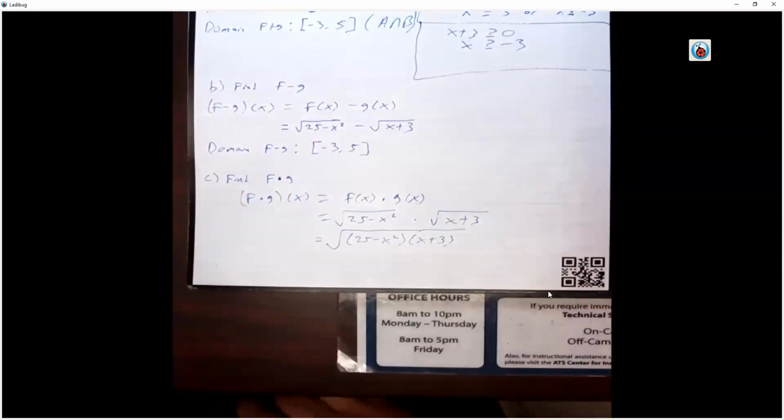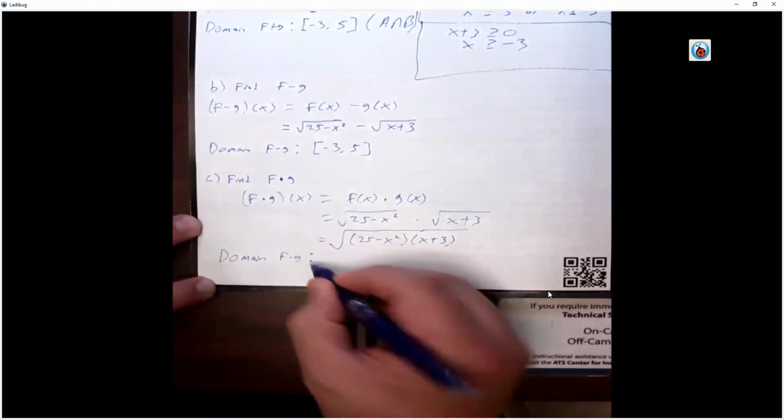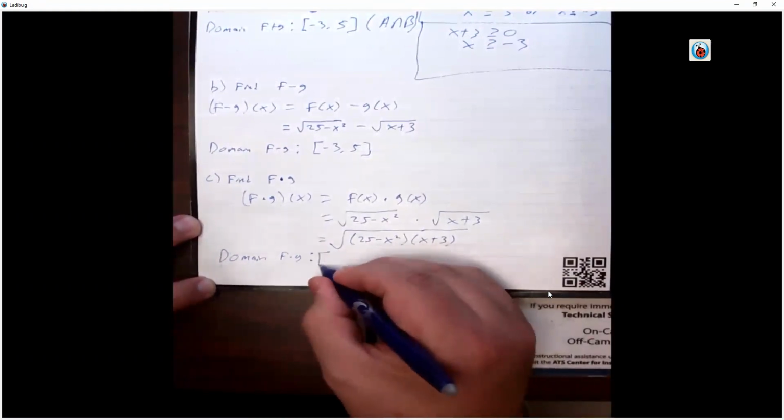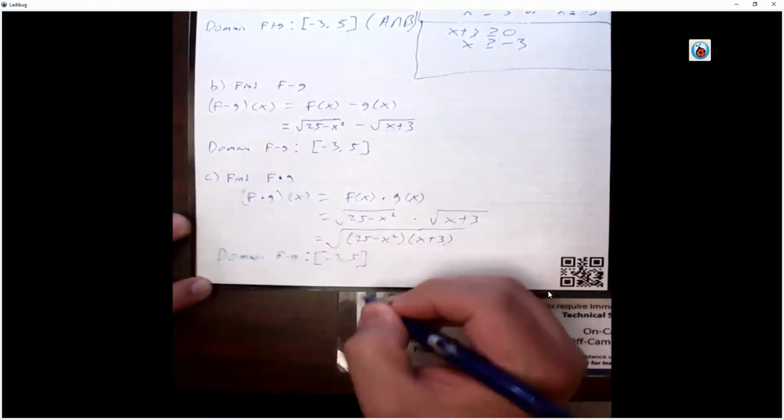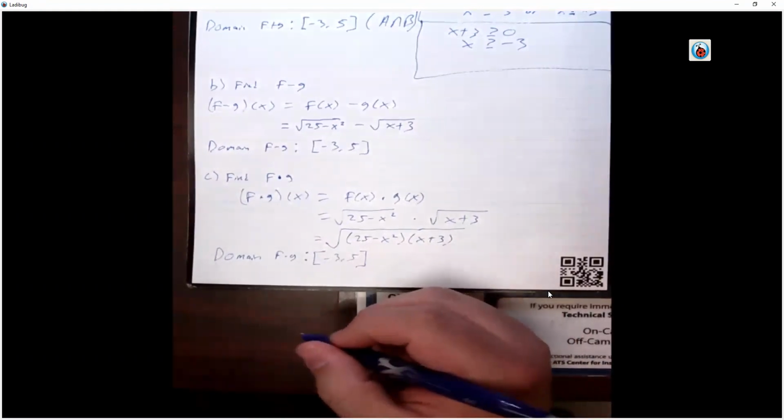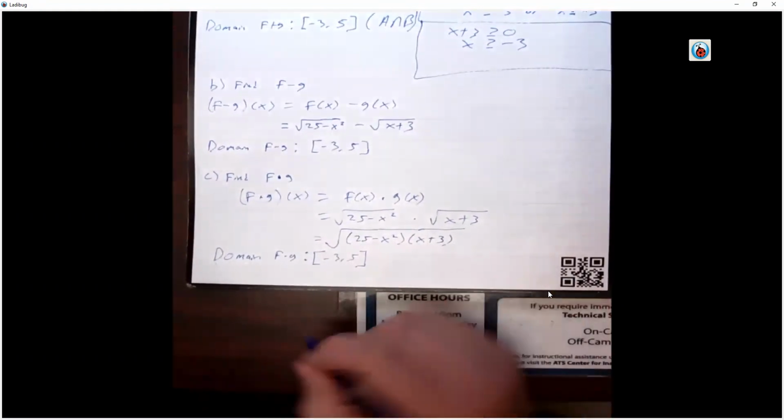But you don't have to. Domain's the same thing though, so that's good. The only time it changes is the division. That one we have to be more careful. F divided by G.